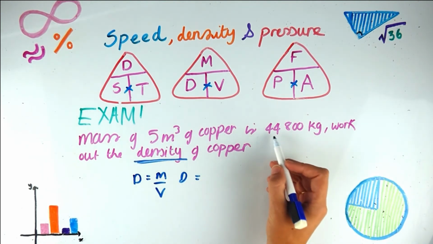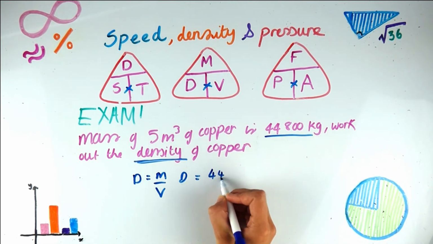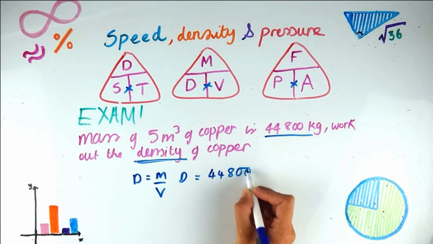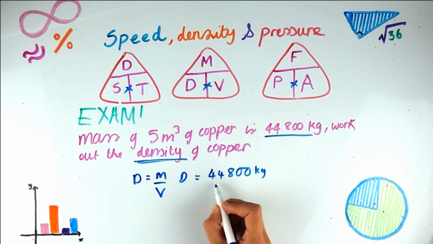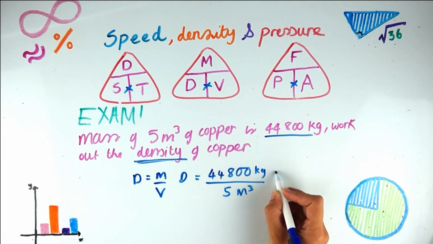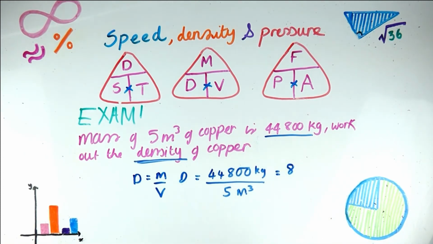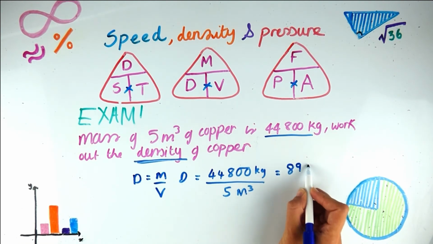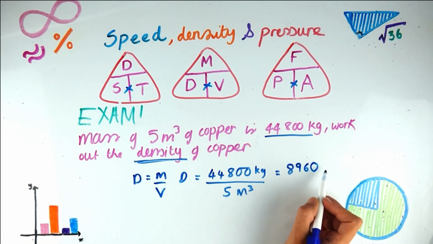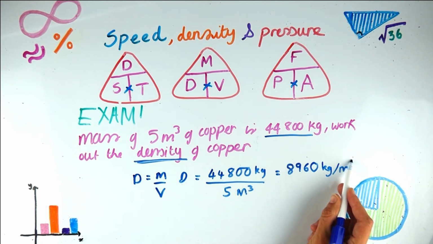The mass is 44,800 kilograms. The volume is 5 meters cubed. That equals 8,960 kilograms per meters cubed.